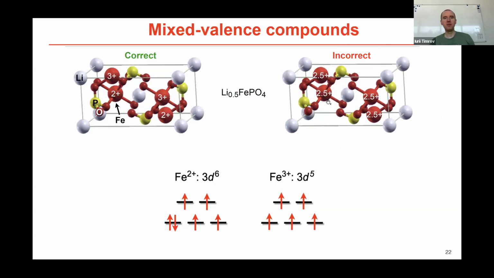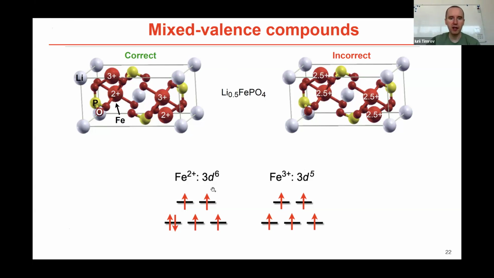So now let's discuss a little bit what this 2.5+, 3+, and 2+ are. These are called oxidation states. Does any of you know what an oxidation state is? No? Okay, then let me explain.